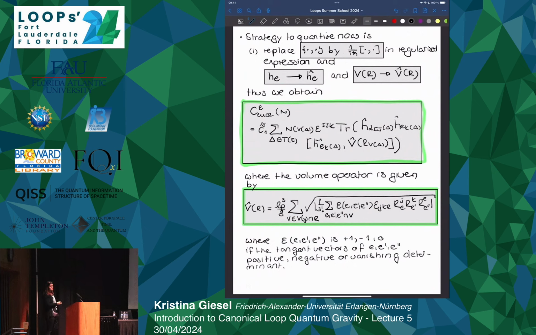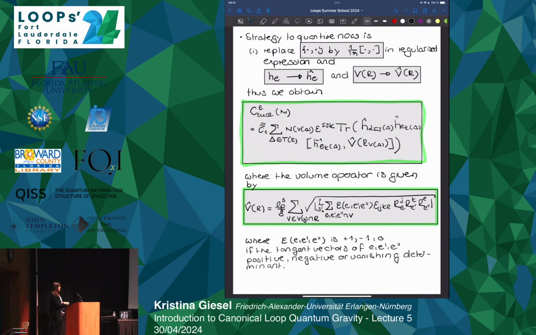So there exist different versions of the volume operator in loop quantum gravity. I'm using the one here which includes, similar to the flux operator, some factor which in this case considers whether the 3 edges which meet at a given vertex, which contribute here in terms of their right invariant vector fields, have tangent vectors that are linearly independent or not.